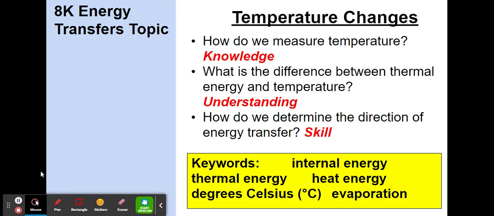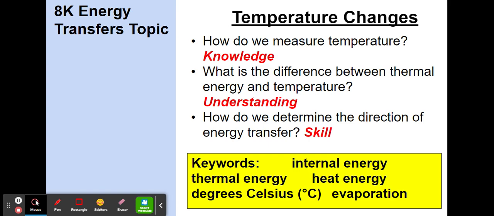So to recap, we have looked at how we can measure temperature using a thermometer and how we use the units of degrees Celsius. We have also looked at the difference between thermal energy and temperature, and how thermal energy is going to depend on temperature, the mass of the object, and the material that the object is made of.